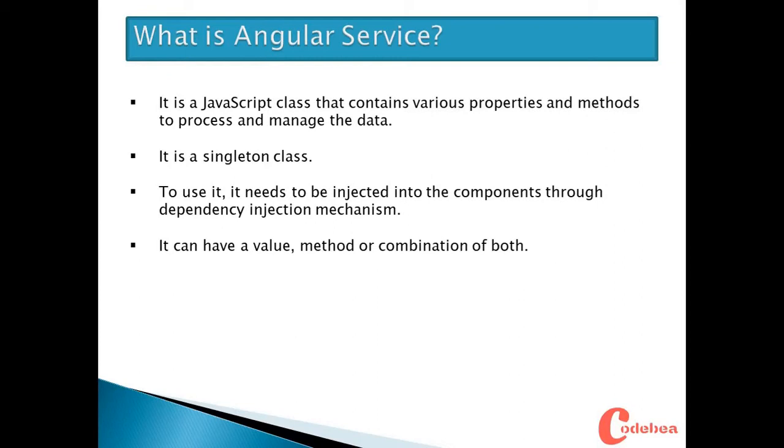The fourth point is that it can have a value, a method, or a combination of both. It means you can create an Angular service with just properties, or with only methods, or with both the values as well as the methods.